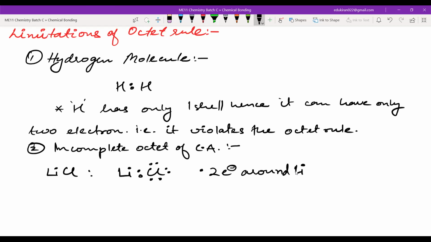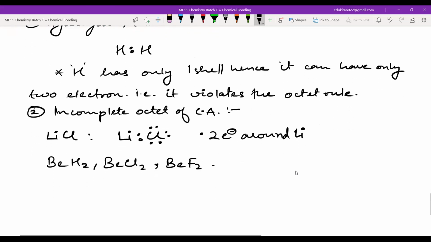Now BeH2, BeCl2, BeF2. In all these structures, what is the exception here? Be has like this: 1, 2, 3, 4.